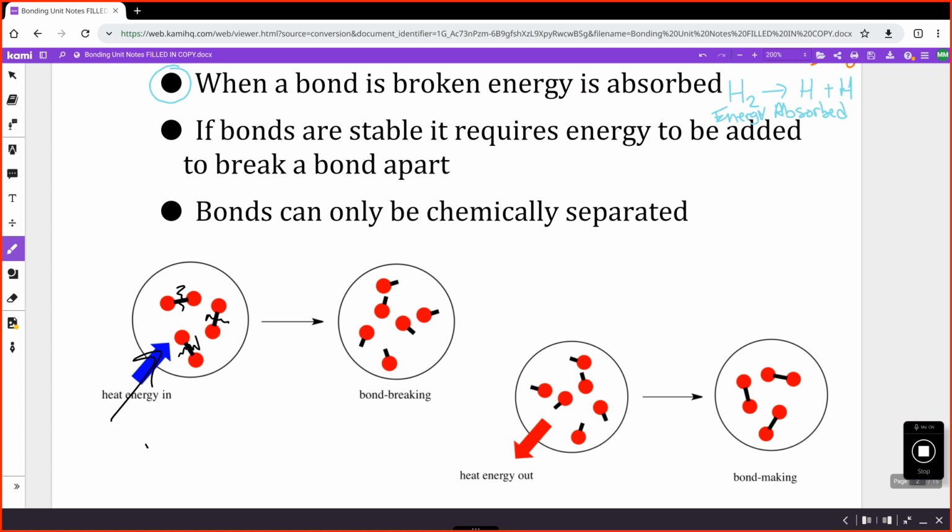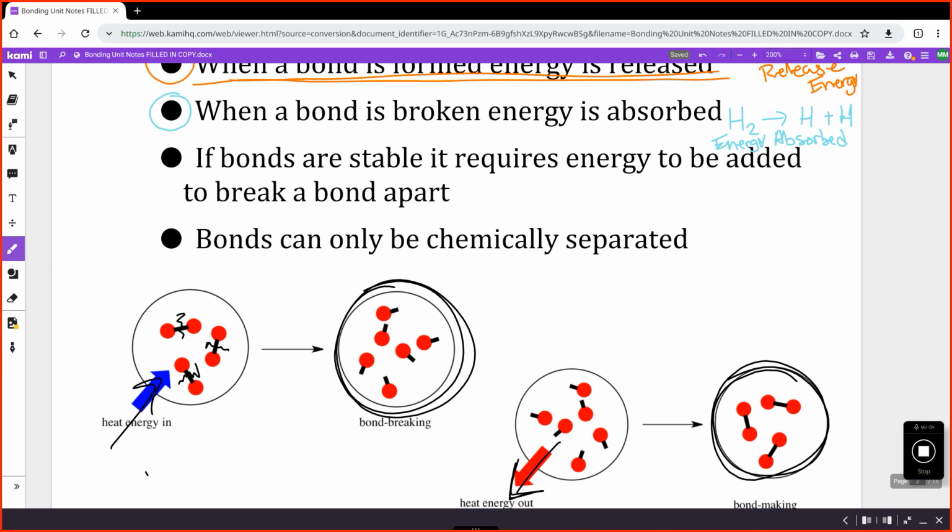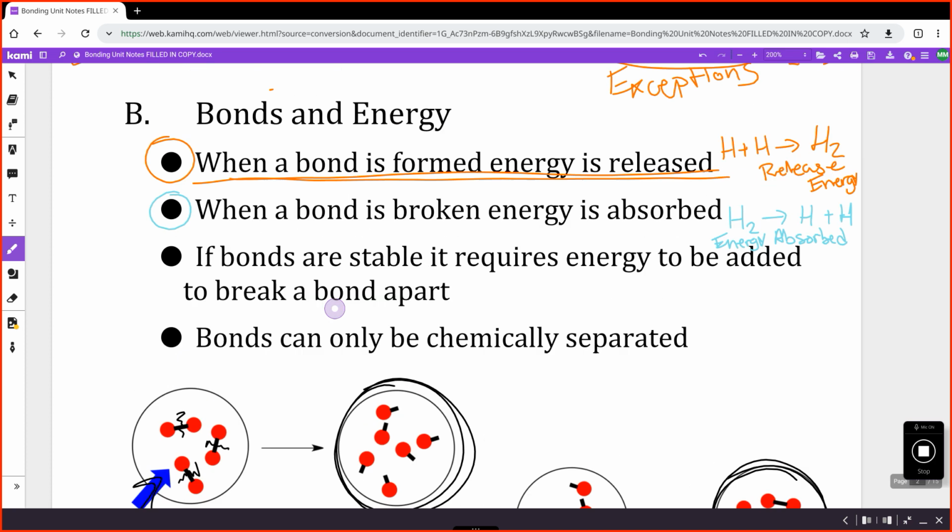It snaps the bonds in half, and as a result, we're left with bonds that are broken and floating out freely. As the energy removes itself from a system, the molecules come back together, they glue back up and become molecules with bonds once again. If bonds are stable, it requires energy to be added to break the bond apart, and that should make sense because of what we talked about up here.